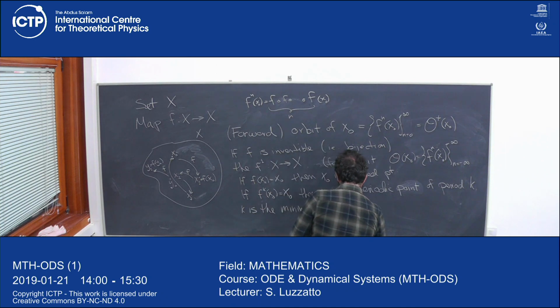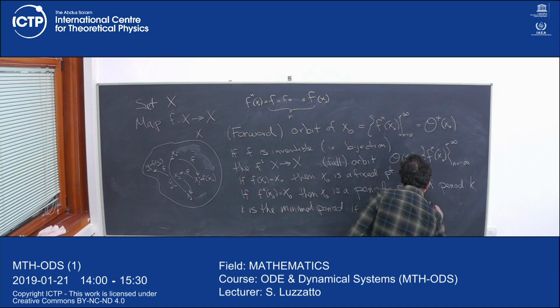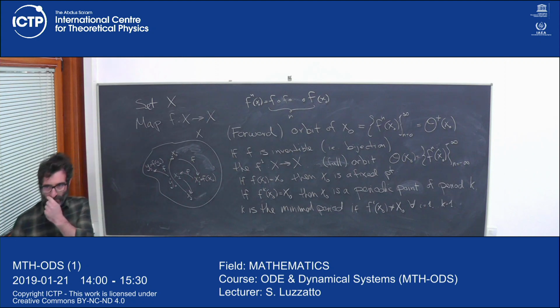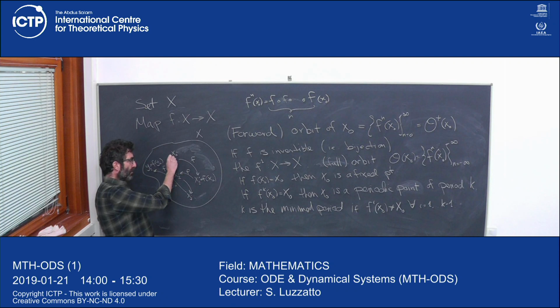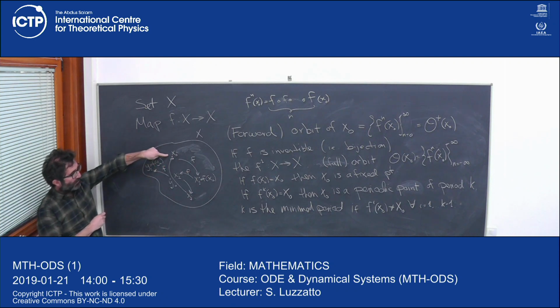if f^i of x0 is different from x0 for all i equals 1 to k minus 1. In other words, because this is a period 4, this is a periodic point of period 4, but it's also a periodic point of period 8, of course.